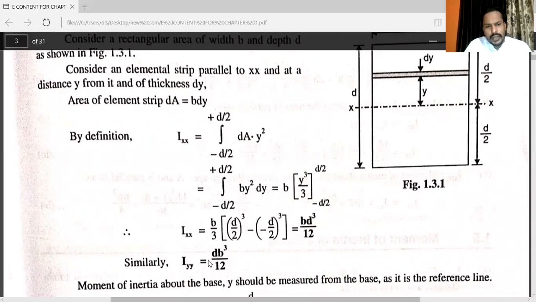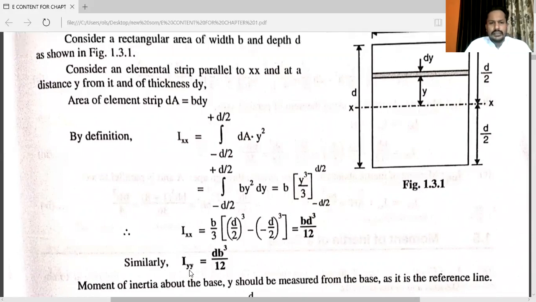So for Iyy, the remaining steps are the same, and the answer will be db cube upon 12. Instead of b there will be d, and instead of d there will be b. The formula is Iyy equals db cube by 12.